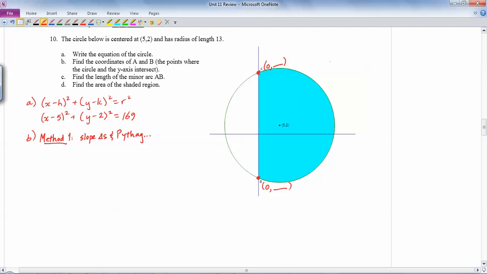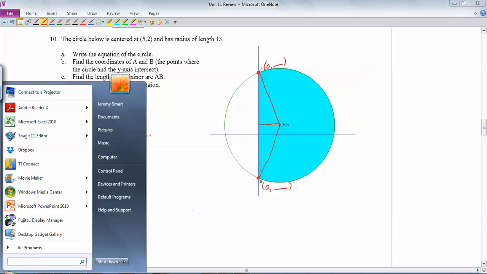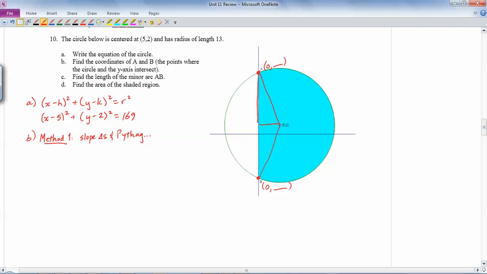So if we draw in our slope triangles here, and I can draw them to the center point and straight across. Oops, sorry about that. And then straight up and down. So these are right triangles. Now, since I'm going straight across to the axis, I'm going from 0 to 5 here.